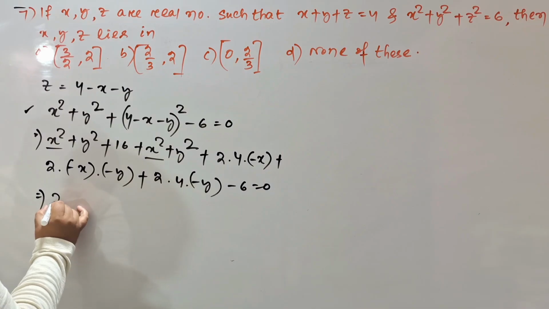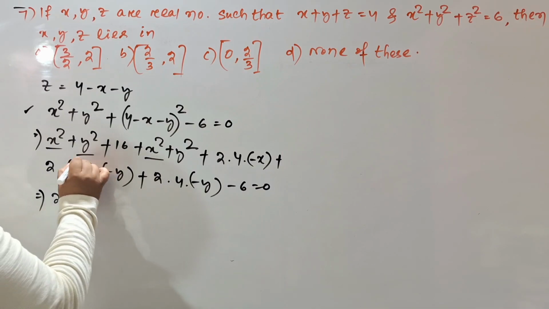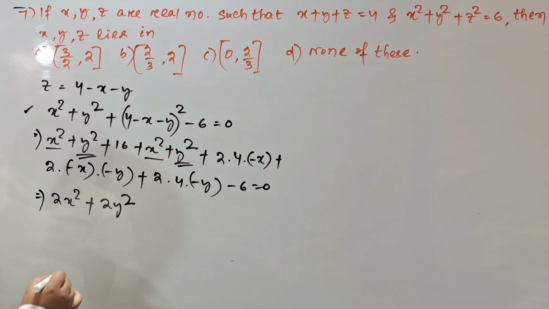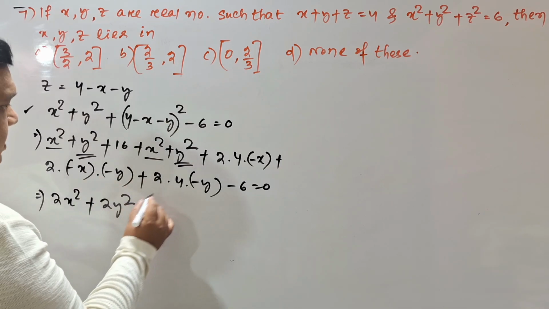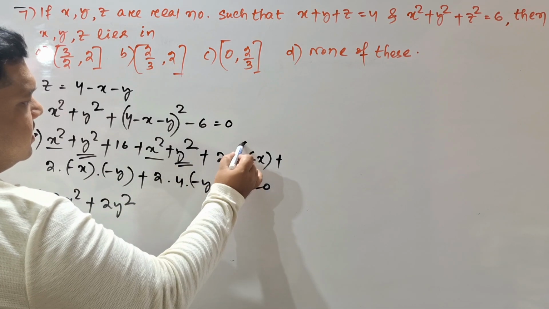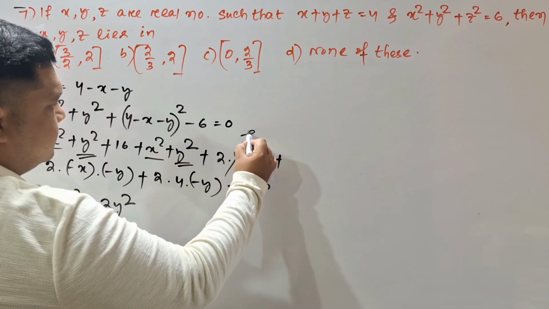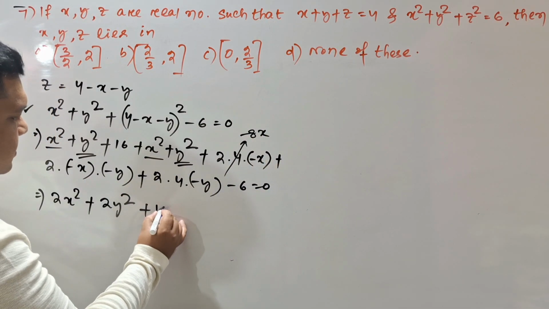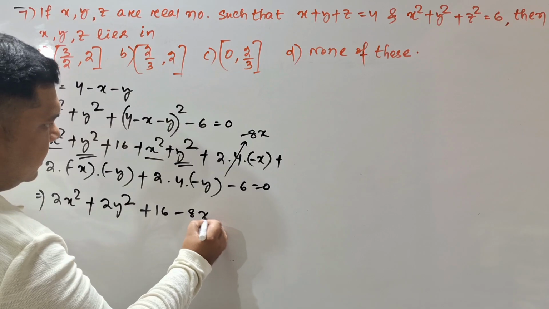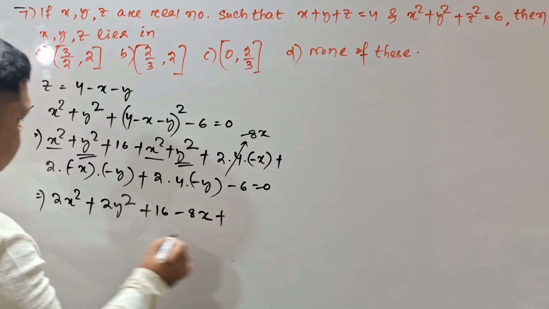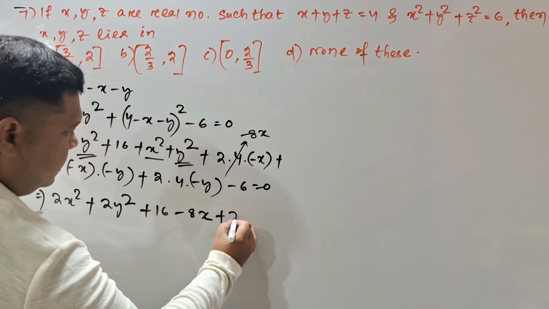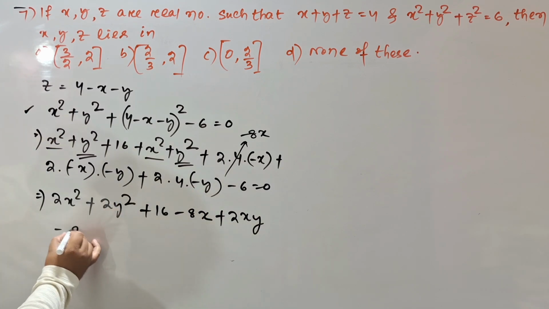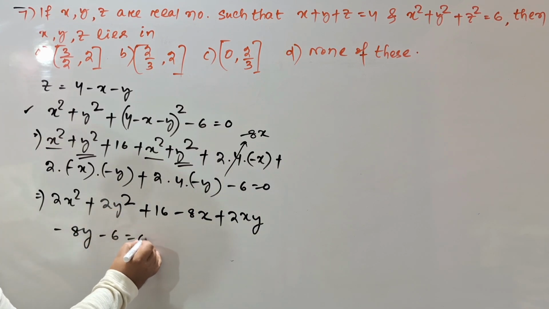x square is present 2 times, so 2x square; y square is also present 2 times, so 2y square. Then simplifying, this one is minus 8x. Here I will write plus 16 minus 8x, plus 2xy, minus 8y, minus 6 equal to 0.